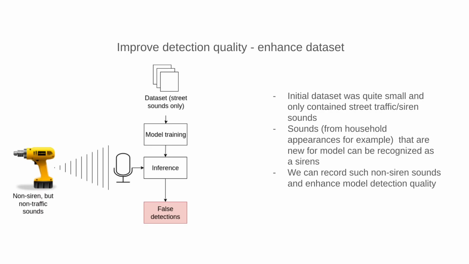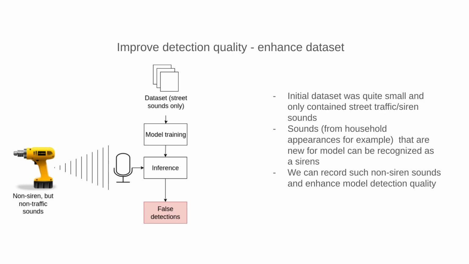Okay, we made the model lighter, we made the model faster, but we still have a problem with false positives, just because the initial dataset was quite small and it was recorded on the street. And on the street, you don't have, for example, vacuum cleaners, you don't have sonic toothbrushes, you don't have anything like that.